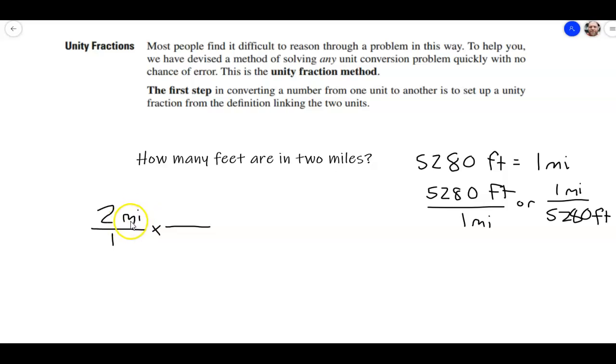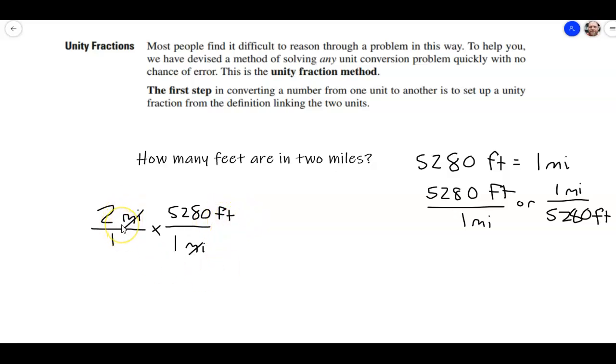And in order to get rid of the miles, I'll need miles on top and miles on the bottom. So I'm going to use the one that has the 1 mile on the bottom, and I'll put the 5,280 feet up here. And then this mile will cancel with this mile, so I'll just be left with an answer that's going to be in feet.